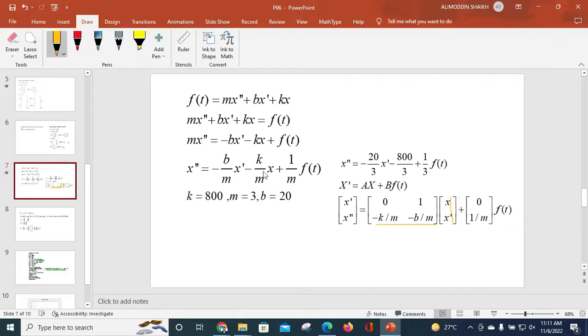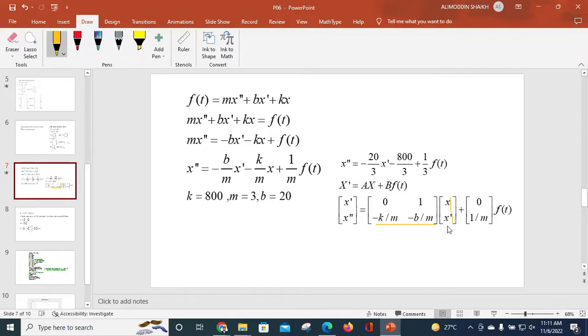Now here there is no x double dash term given in the problem. Hence x dash is equal to x dash. In this way you can write for x dash: x dash is equal to x dash, means on the right side only x dash should come.